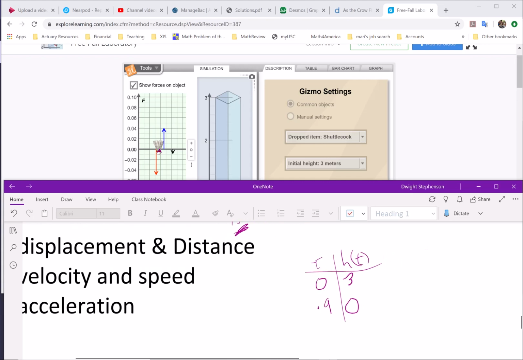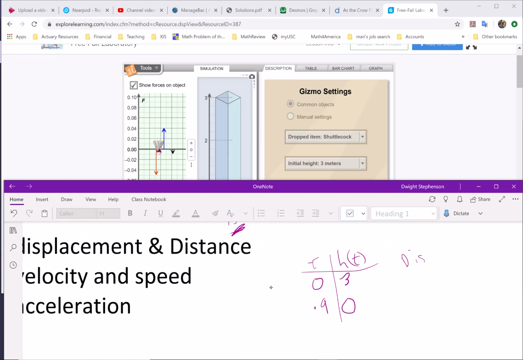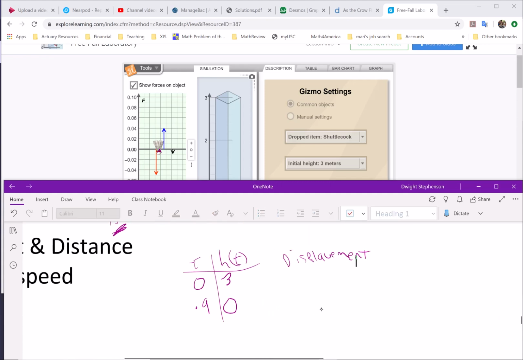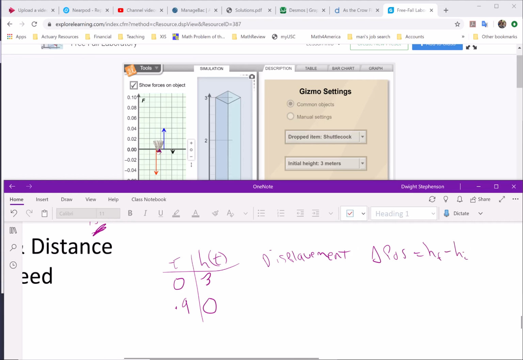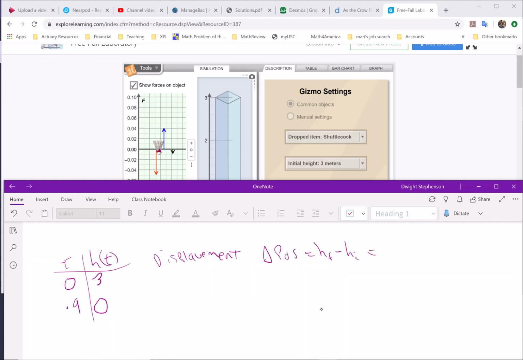So if I want to talk about displacement, remember we said displacement was change in position, which in this case is height, so it'd be the final height minus the initial height. Well, in this case, the final height was 0, and the initial height was 3. And so the displacement is -3 meters, right?